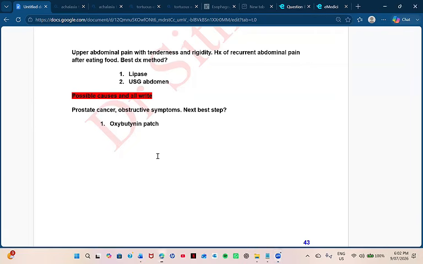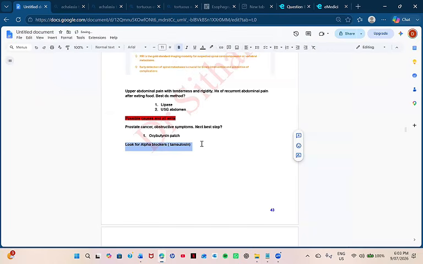So here you should look for alpha blockers. I hope you get the idea.